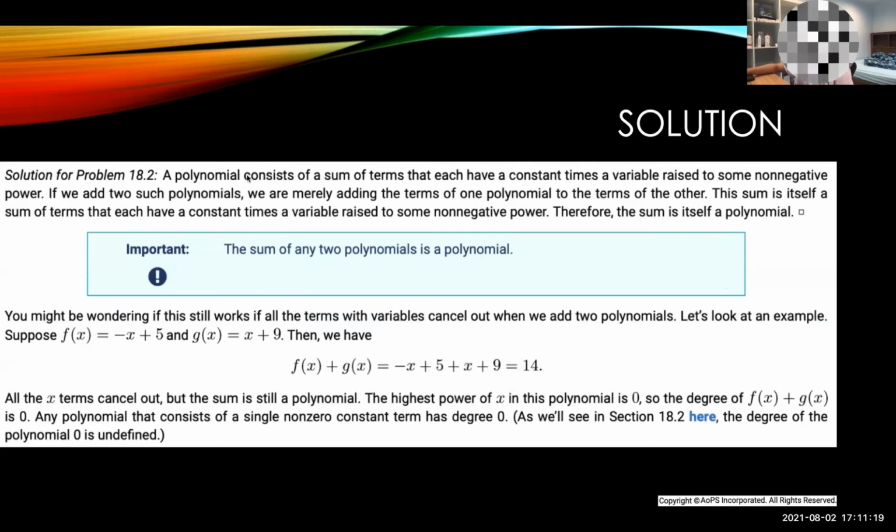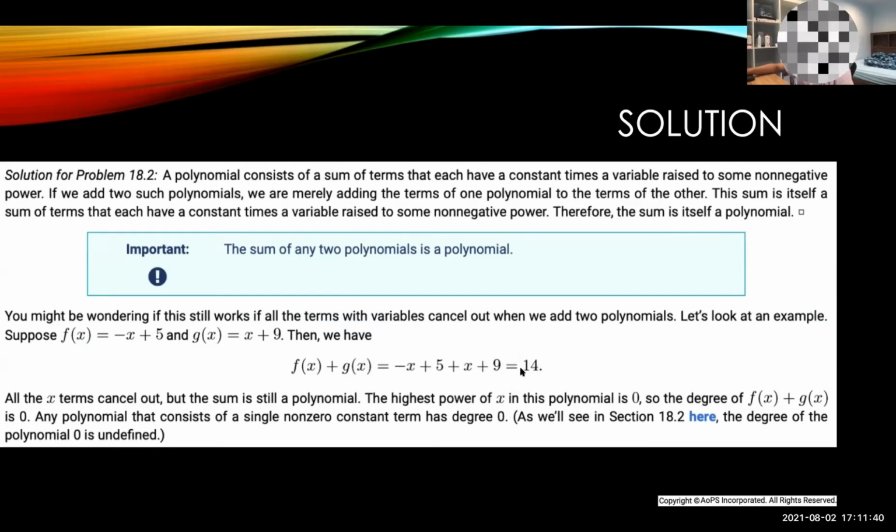So a polynomial definition is a sum of terms that each have a constant times a variable to some non-negative power. So if you're adding two polynomials, you can cancel out the terms, but the constant will always be there.